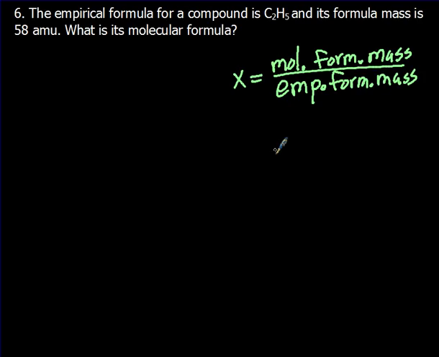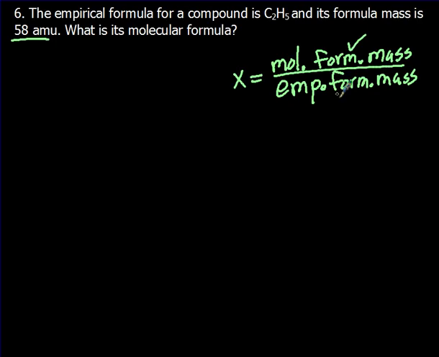And that'll give you this x value that, again, I'll show you what to do with. So in this case, we can use this value right here as our molecular formula mass, because they're telling us that we have a compound and its mass is 58 AMU. So we have this number, check.